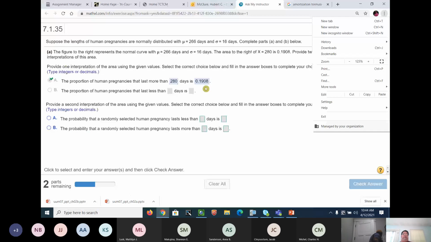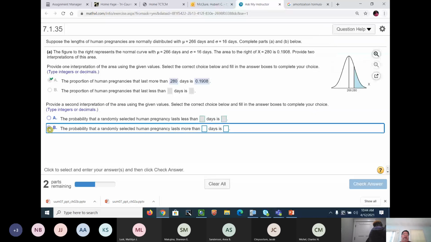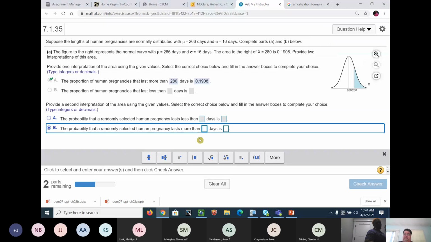The proportion of human pregnancies that last more than 280 is 0.1908. And here, the probability that a randomly selected human pregnancy lasts more than 280 days is 0.1908.